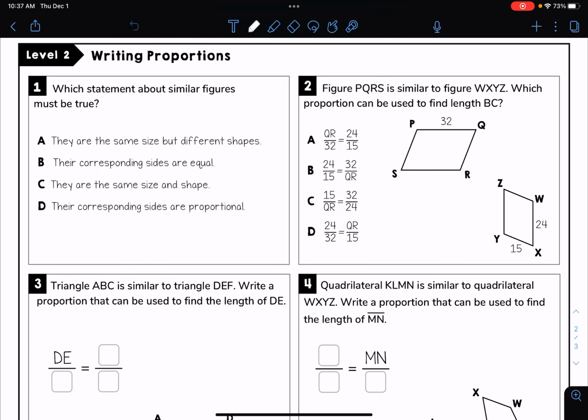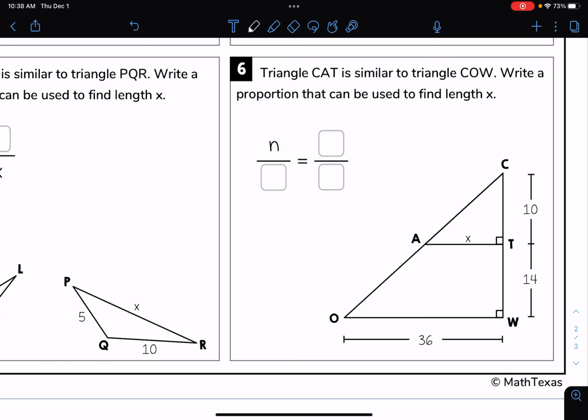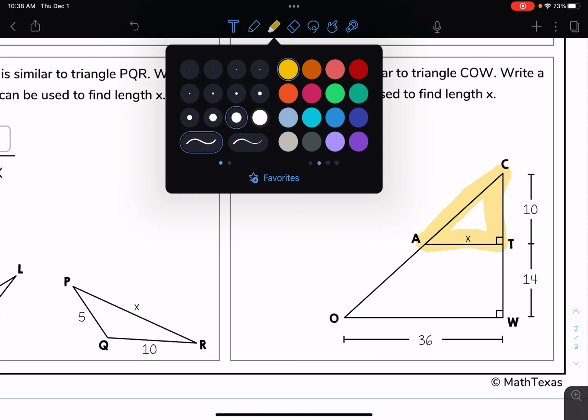So number 6 says triangle CAT is similar to triangle COW. Write a proportion that can be used to find the length of X. So let's look at triangle CAT, which is right here. And then you're going to look at triangle COW.